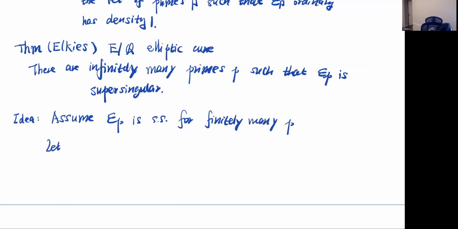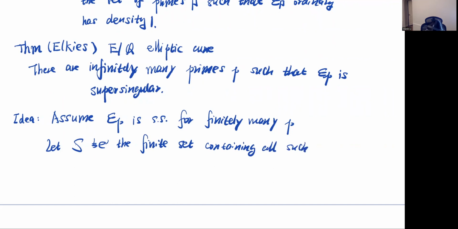Then we let S be the finite set containing all these p, and also the primes where E has bad reduction.